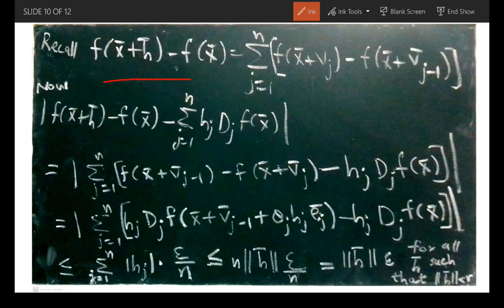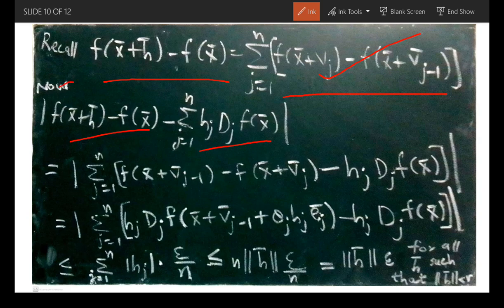Now recall f(x + h) − f(x). We wrote it in this form by subtracting and adding so many things and putting it up in a telescopic sum. So now you compute f(x + h) − f(x) minus this quantity, sigma j = 1 to n h_j d_j f at x.